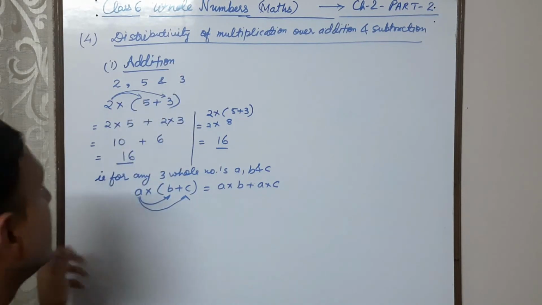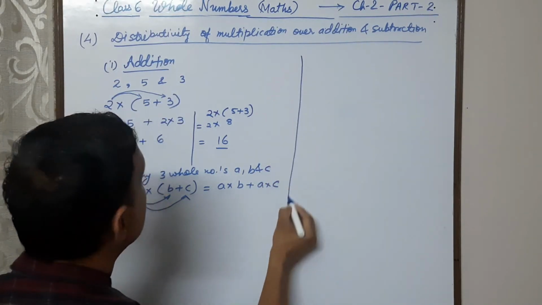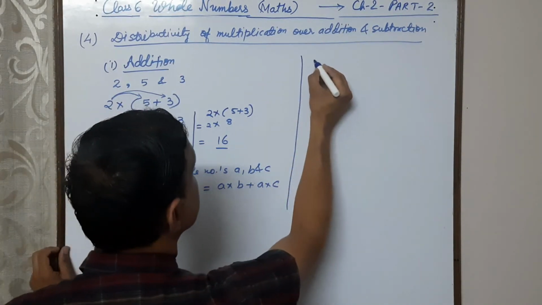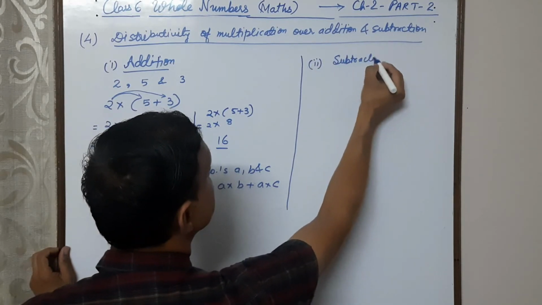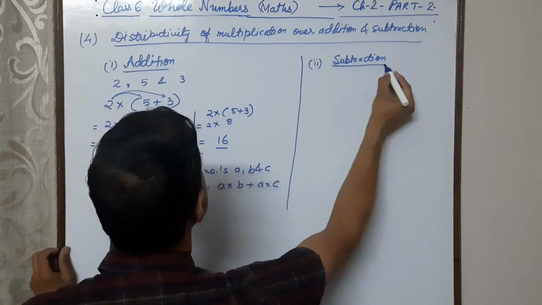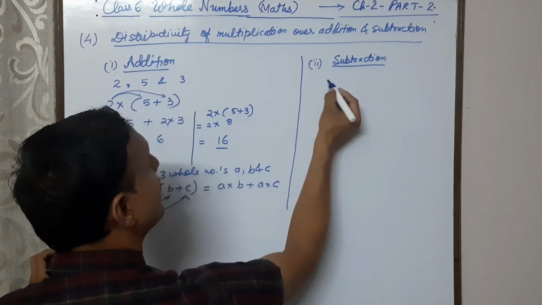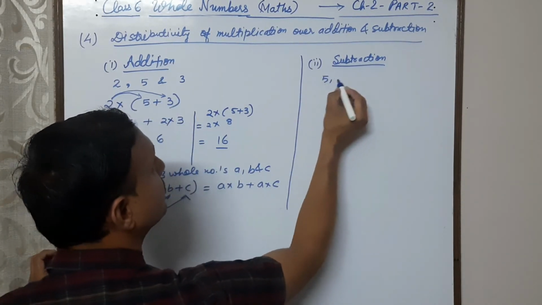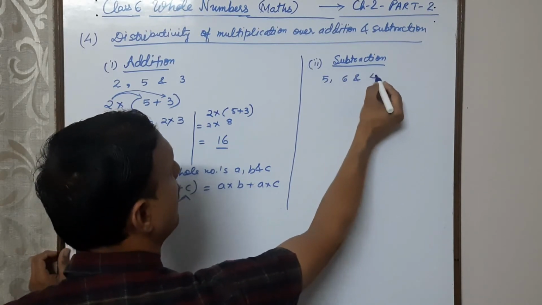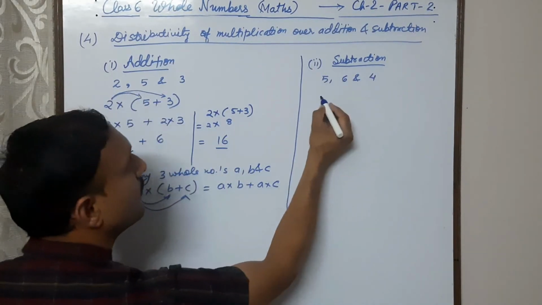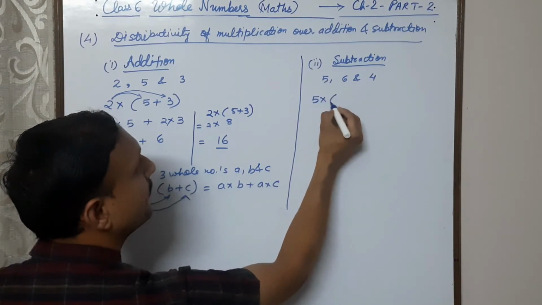Now let us see for subtraction. For subtraction, distributive. Again take three numbers 5, 6 and 4. Now 5 into 6 minus 4.